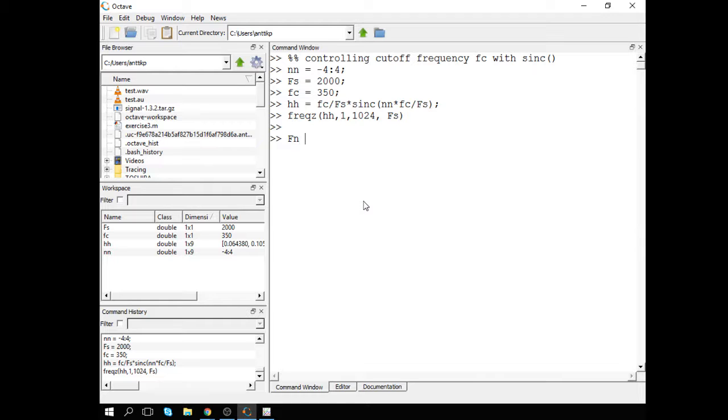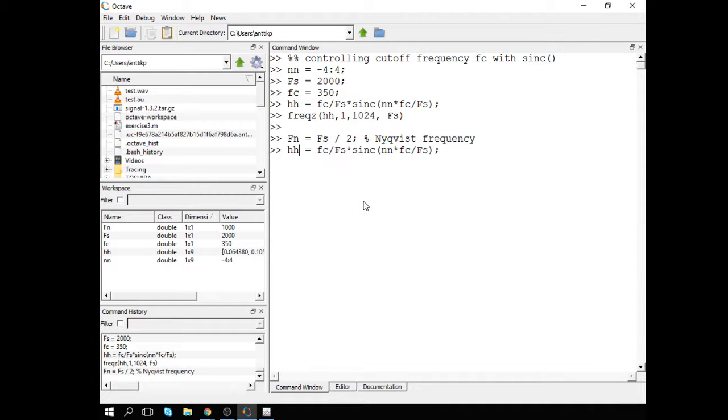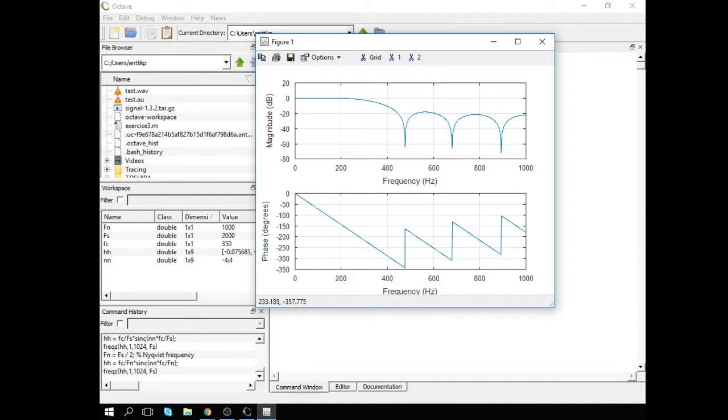So we define Nyquist frequency as Fs divided by 2, and calculate the HH again with the Fn in a hope to get the cutoff frequency on the right place.